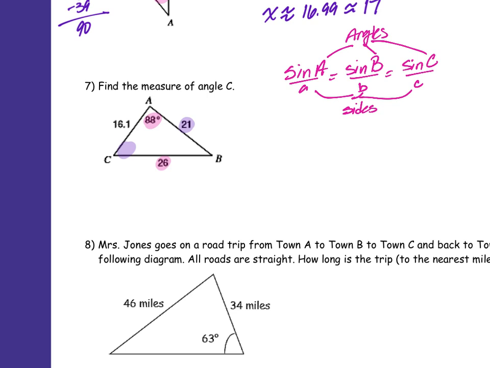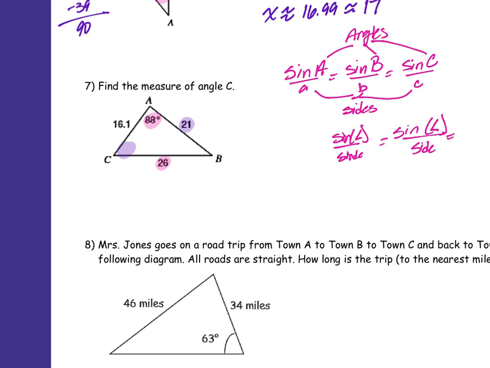This is how I think of it: the sine of an angle over a side equals the sine of an angle over the side. It's the side of an angle. So you don't have to worry about which letters are which. Okay, did that help a little bit?